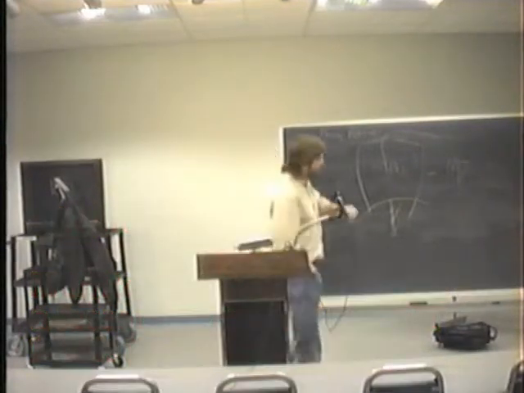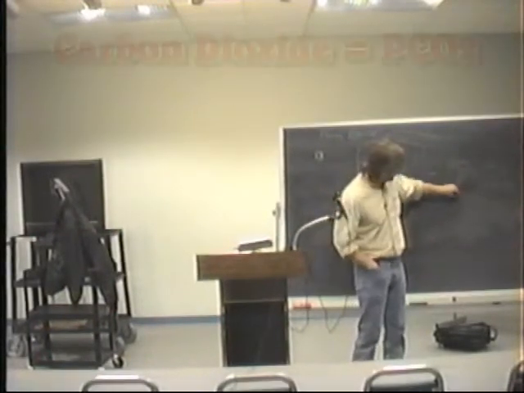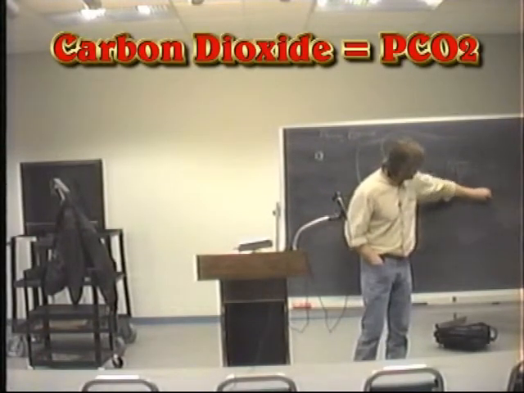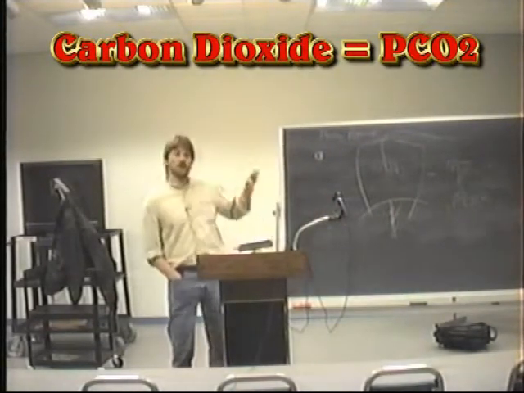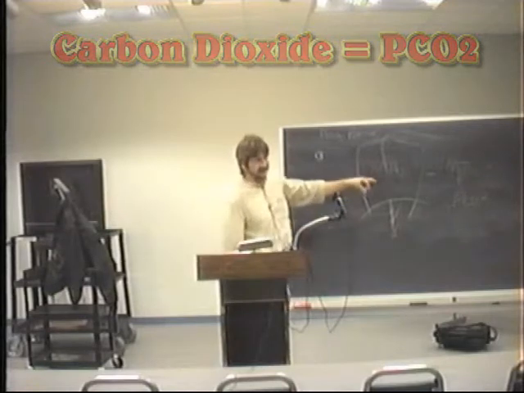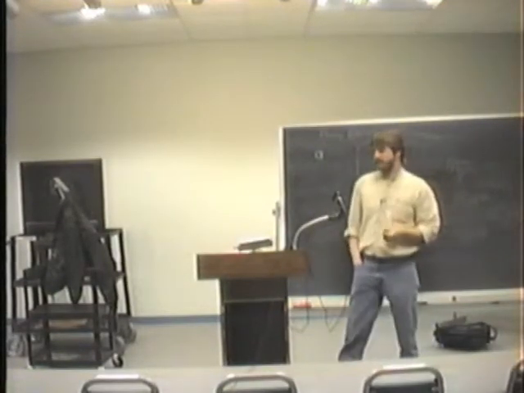Waste products expressed as partial pressures, carbon dioxide is PCO2. If you don't understand that completely, don't worry, because in the next section we're going to discuss that in depth, okay? But it monitors waste.